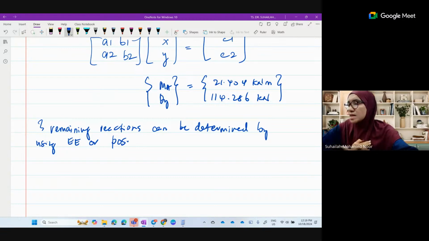Actually, beside using equilibrium equation untuk solve for the remaining reaction, we have another alternative which is easier than using equilibrium equation. Sebab kita dah ada tadi reaction for each system.